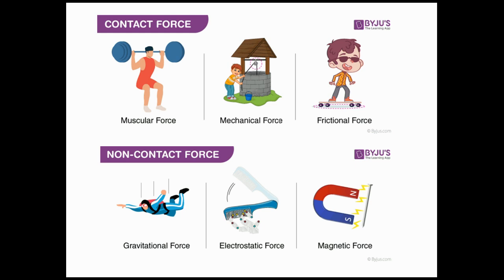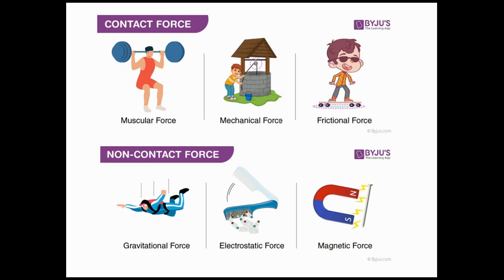Why are muscular force, mechanical force, frictional force contact forces, and why are gravitational force, electrostatic force, magnetic force non-contact forces? From this picture, we can easily say that in case of contact force, there is contact between the objects, and two objects are physically in contact with each other.